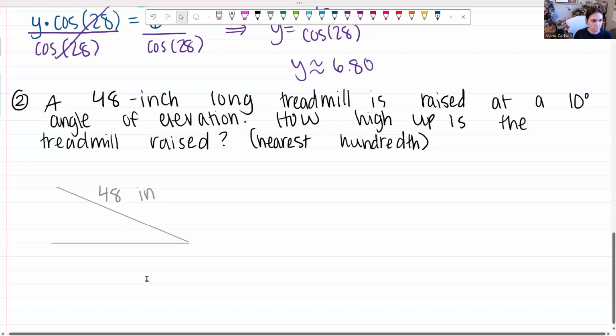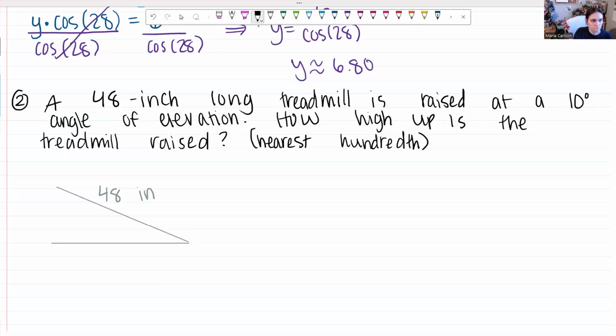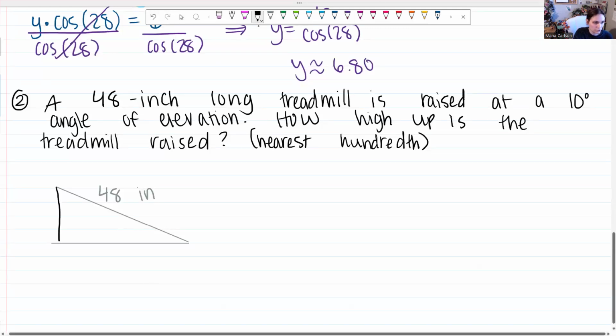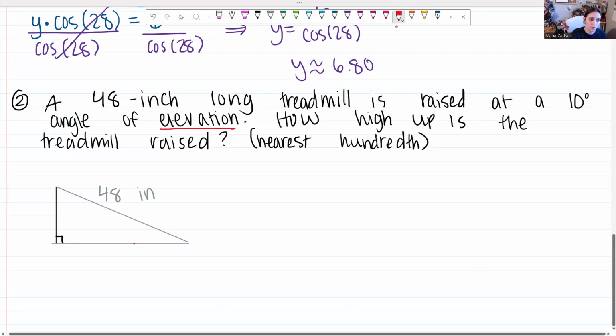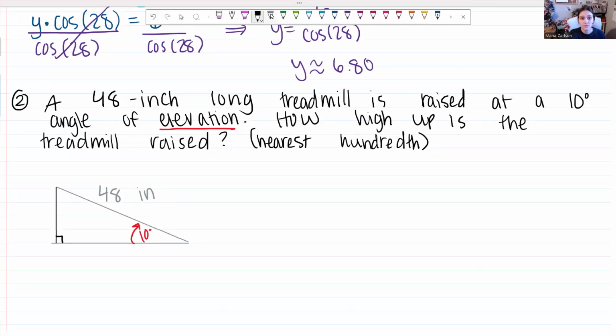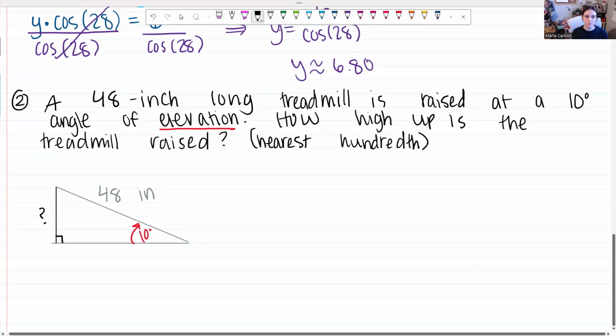And the angle of elevation, meaning from the ground up, this angle here is 10 degrees. And our goal is to find how high up the treadmill is raised.